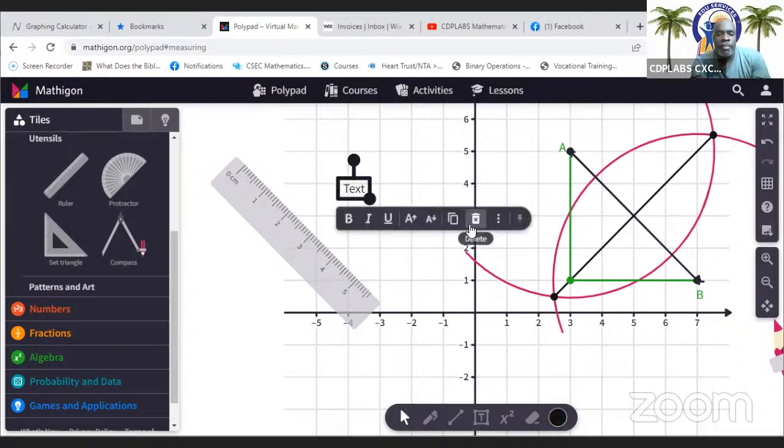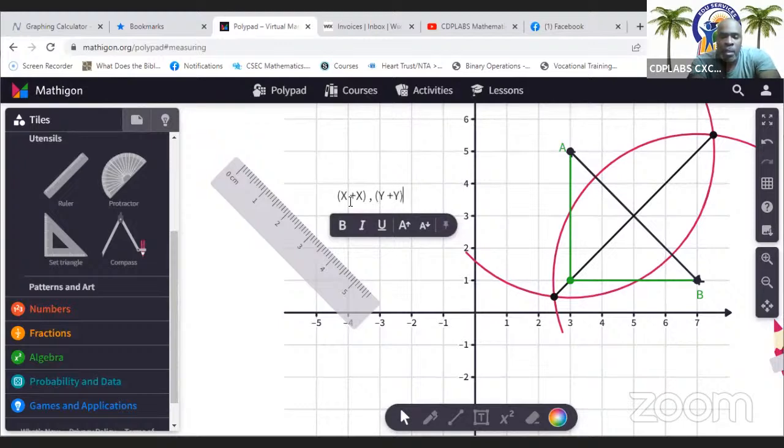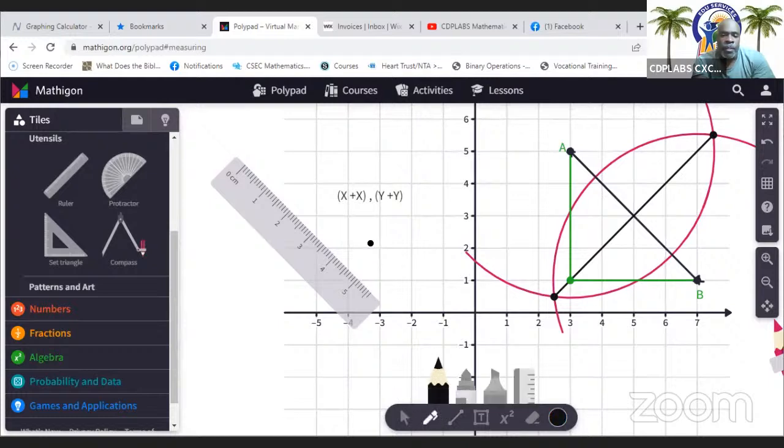Now, the calculation method is like this. You add the x values in a bracket, add the y values in a bracket, and then you divide them by 2. You divide this by 2 and this by 2.